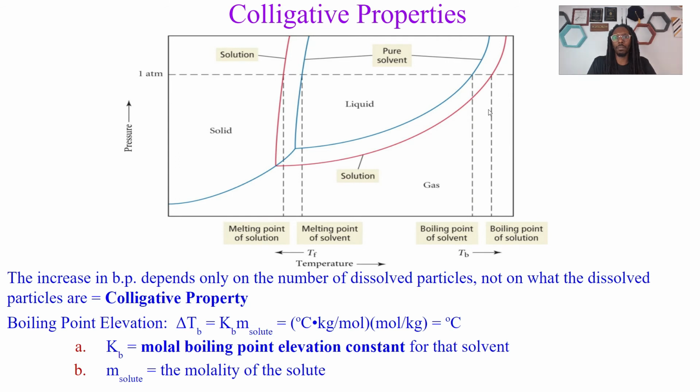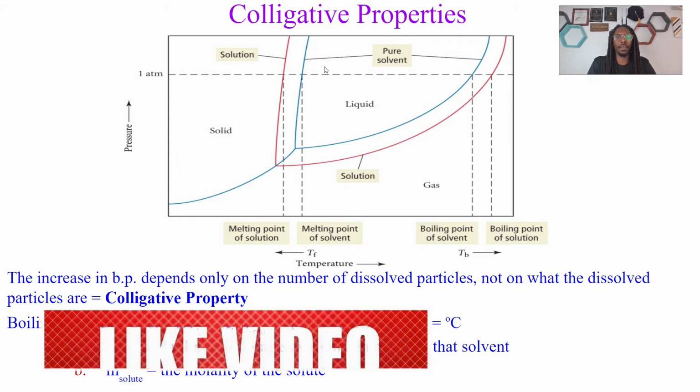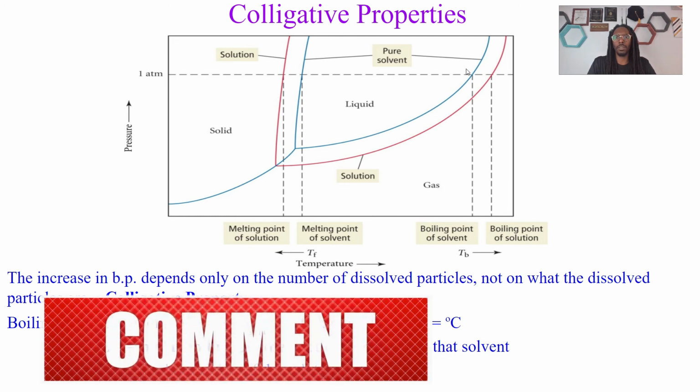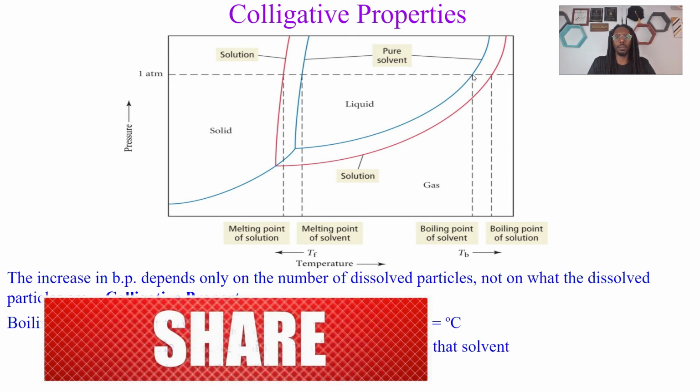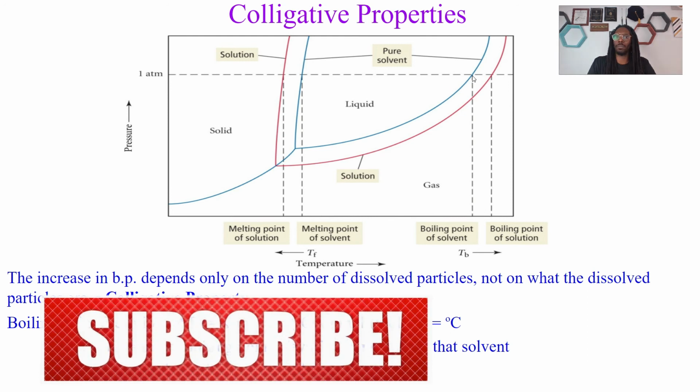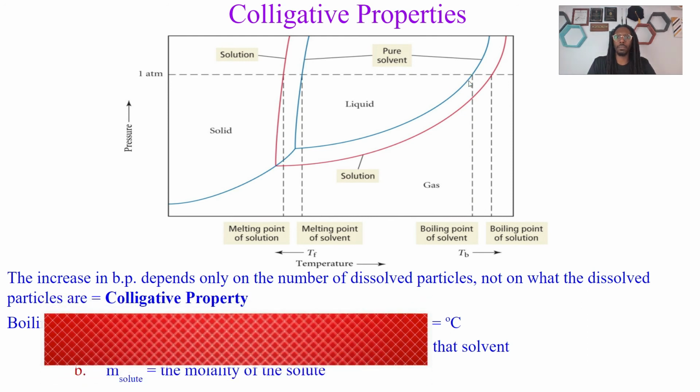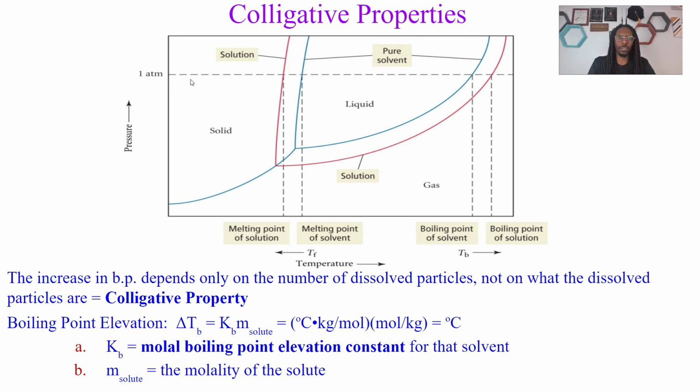With the pure solvent, we can see the boiling point will be here. Once it gets to 1 atmosphere, the external pressure, this is our boiling point. The temperature is increasing as we go, so our pure solvent boiling point is at a certain degree.